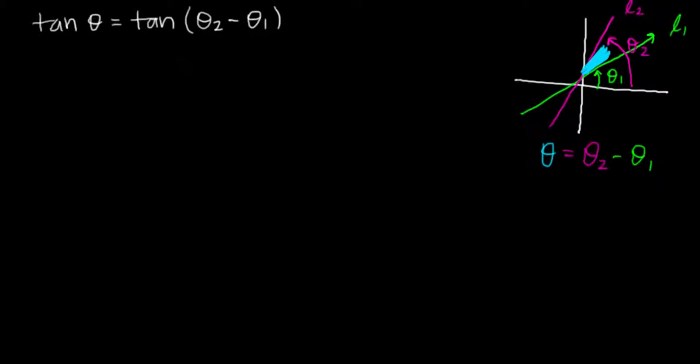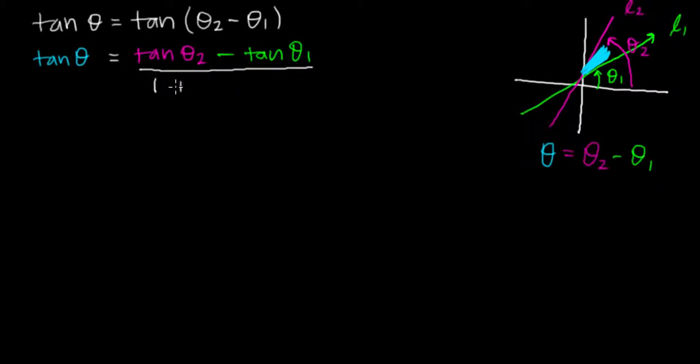And then if you go back and think about your trigonometry identities, the difference identity, kind of like the sum identity, you find that the tangent of theta 2 minus theta 1 is equal to the tangent of theta 2 minus the tangent of theta 1, divided by 1 plus the tangent of theta 1 times the tangent of theta 2.